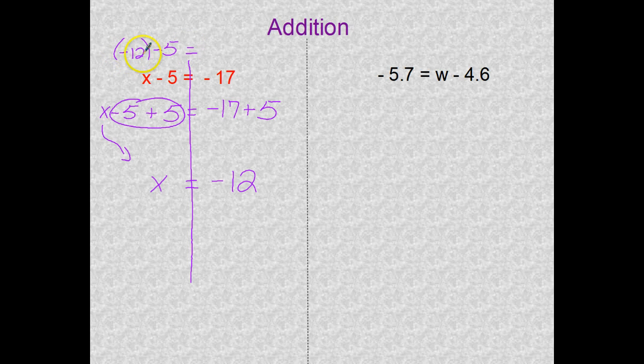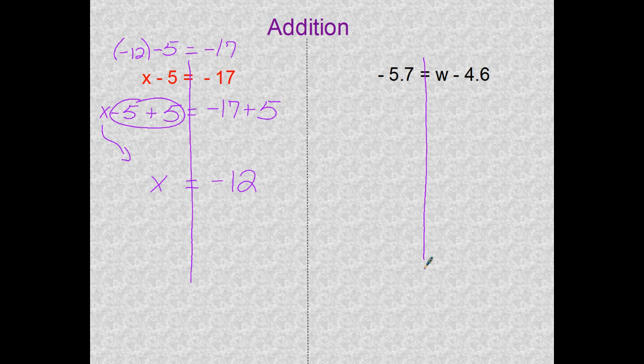So negative 12 subtracted by 5 should be equal to the right side, and it is negative 17. So that solution checks.